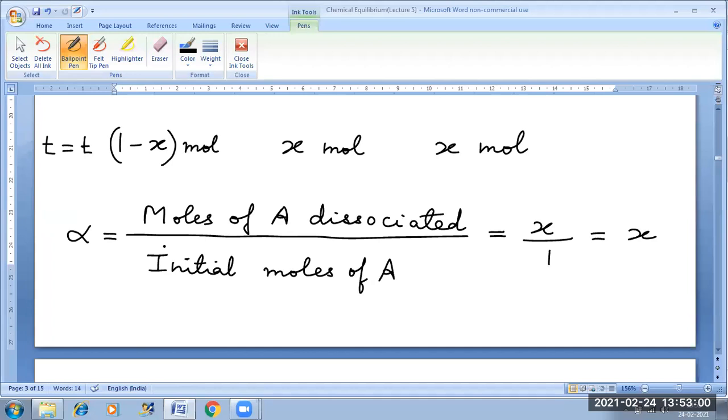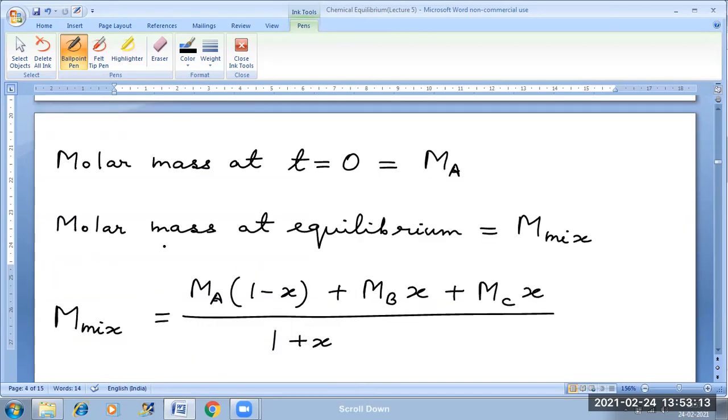So 1 minus x plus x will give me 1 plus x. So the total number of moles at equilibrium is 1 plus x. This is the molar mass at equilibrium, which is Mx. Any doubt?